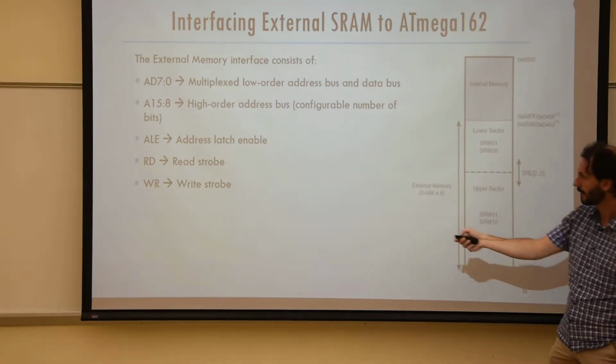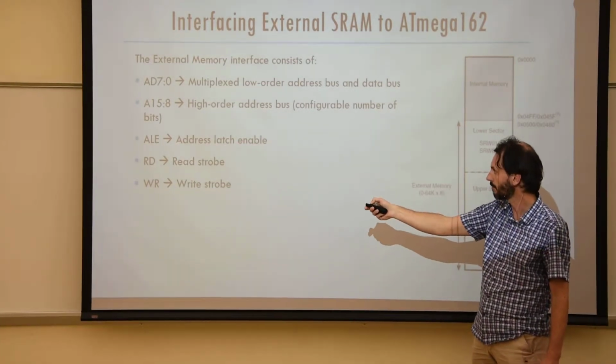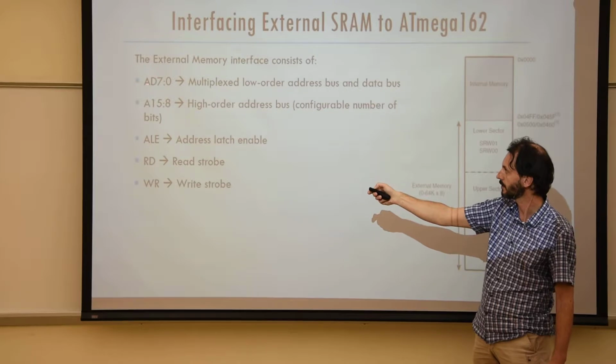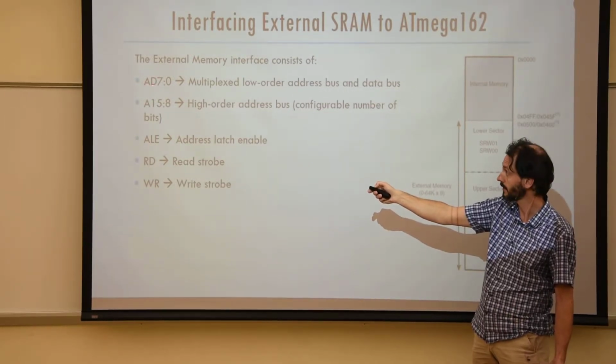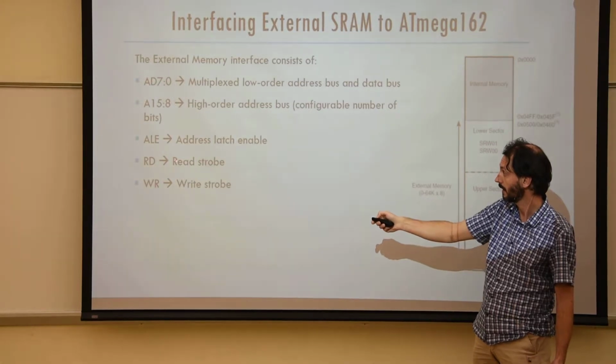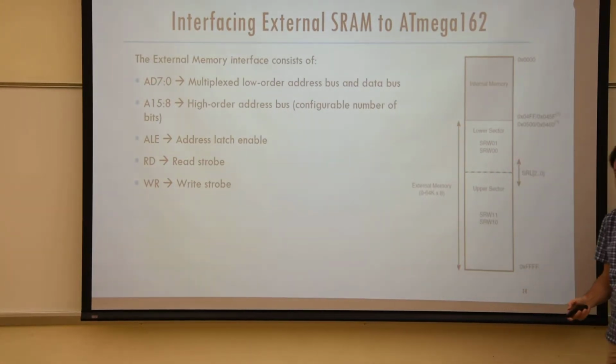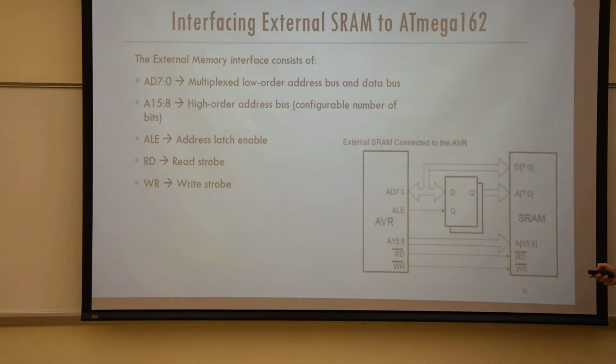And then in addition, we have an address latch enable, which you will need to distinguish whether you're actually sending address information or data over these pins, and you need to of course explain to the memory whether you're reading or writing. So this is the picture for it.